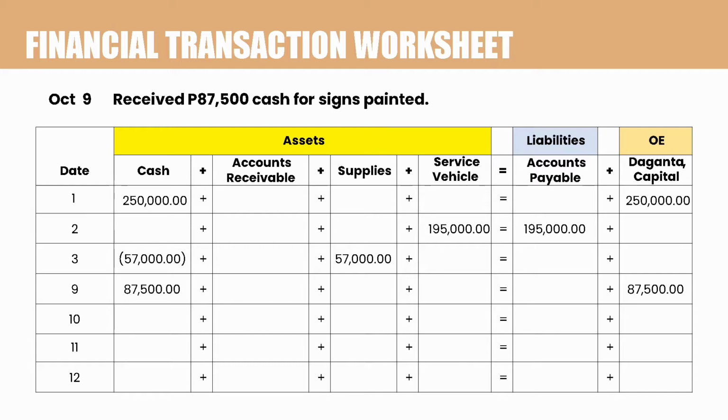Okay? Kaya yung 87,500 natin ay inilagay na rin natin dito sa ating Daganta Capital kahit walang available column for service revenue. Okay? And dahil nakatanggap tayo ng cash from painting those signs, yun ay na-record din natin under cash account.